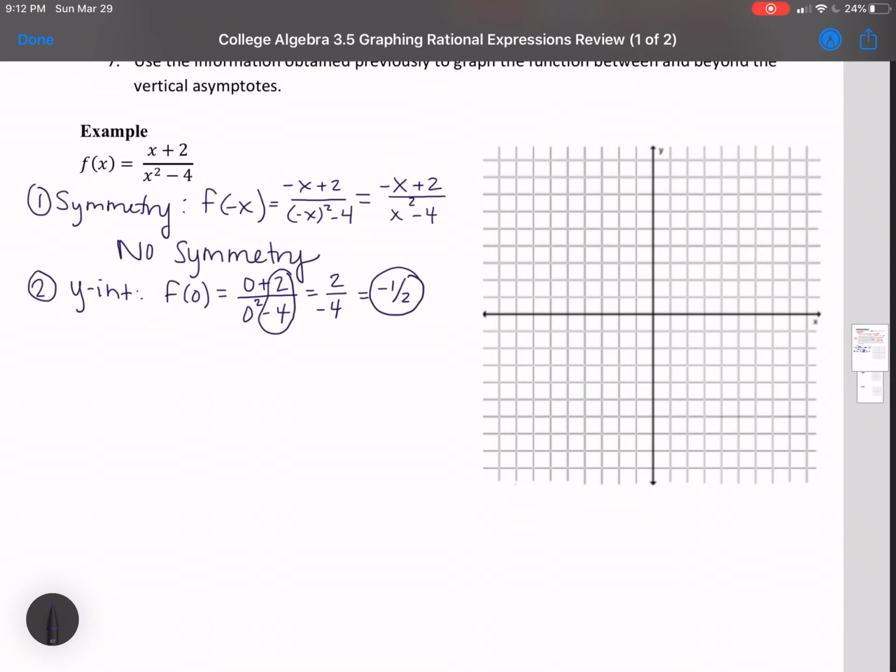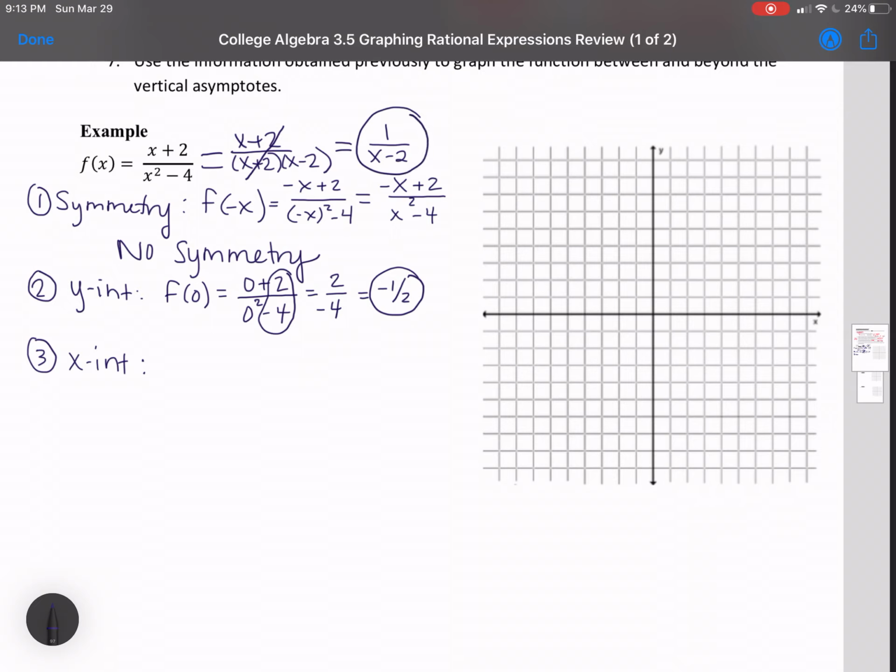Before we can find our x-intercepts, that's our next step, we want to go back and factor our original. So if I go back up here to f of x equals x plus 2 over x squared minus 4, we can factor the denominator. So we have x plus 2 over x plus 2 times x minus 2. And since those x plus 2's cancel, we have 1 over x minus 2, which is what we're actually graphing.